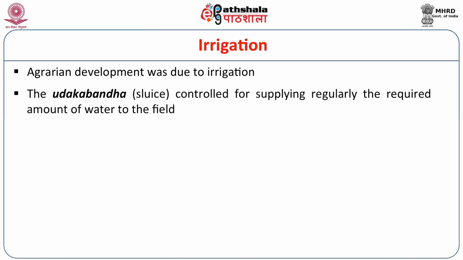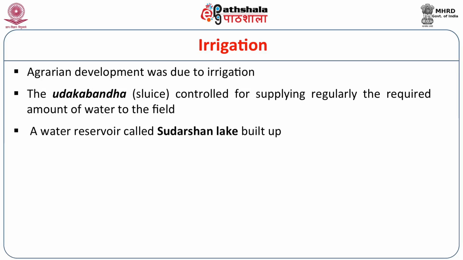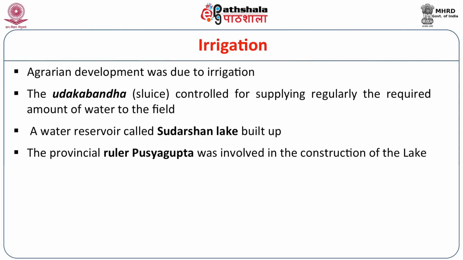The Udaka Bandha, that is a sluice, controlled the regular supply of the required amount of water to the field. A water reservoir called Sudarshana Lake, as you all know, was built in the Gujarat area, and in its construction the local ruler Pushyagupta was also involved.